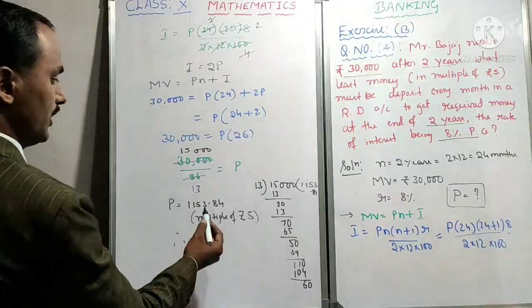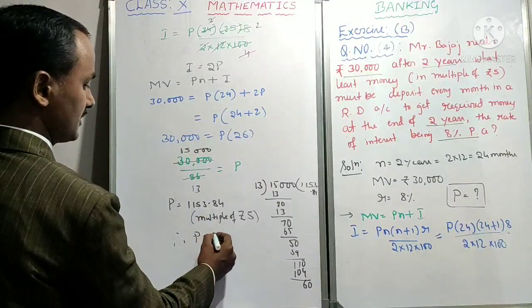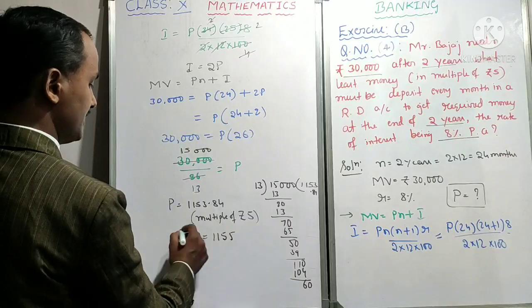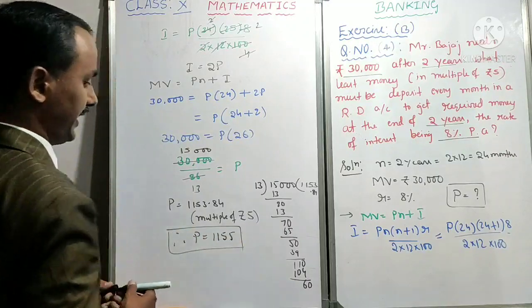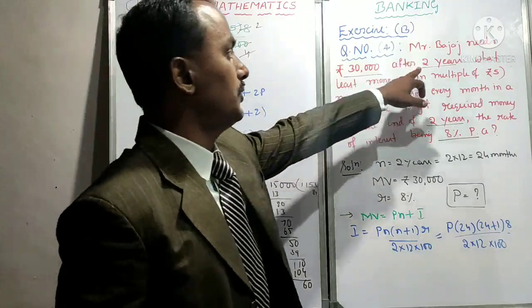Like here also, 53 is very near to 55, because 1155 rupees every month. If they deposited, he will get 30,000 after 2 years.